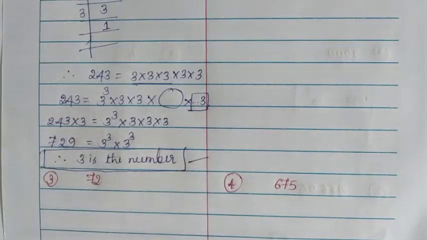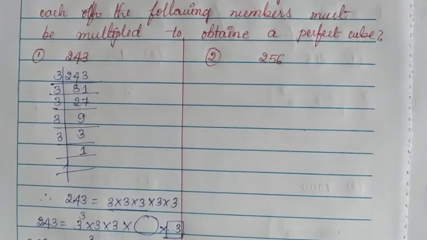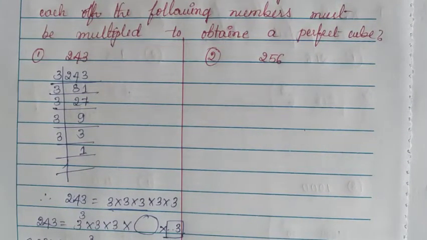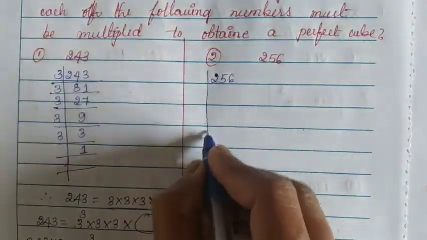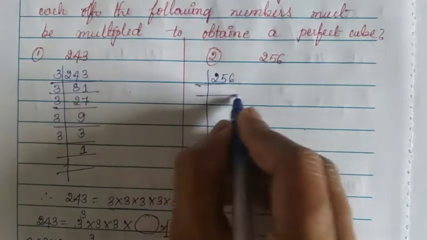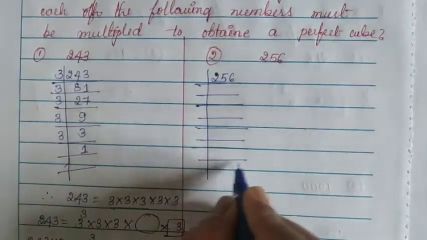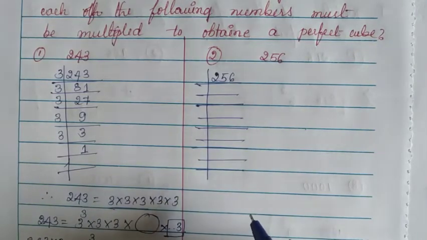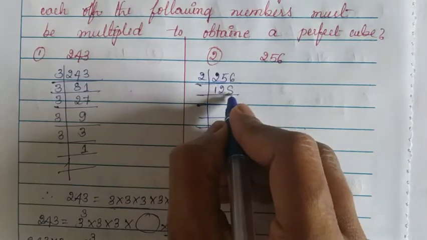Okay children. Now let us come to the second problem, 256. Now let us apply the prime factorization method. Let us start with 2. 2 ones are 2, 2 twos are 4, 2 eights are 16.